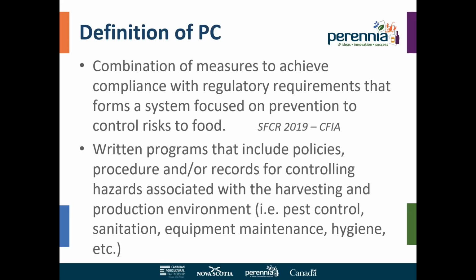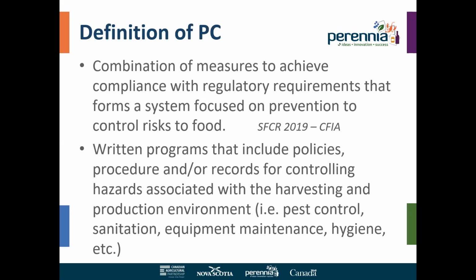So what is the definition of a preventive control? In the past, CFIA said that a preventive control plan was basically written programs that include policies, procedures, and records for controlling hazards. Now the definition of a preventive control is a combination of measures to achieve compliance with regulatory requirements that form a system focused on prevention to control risks to food.